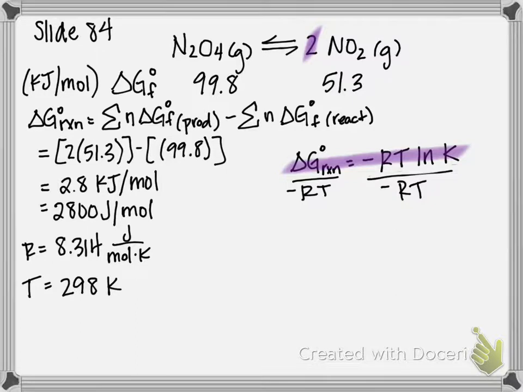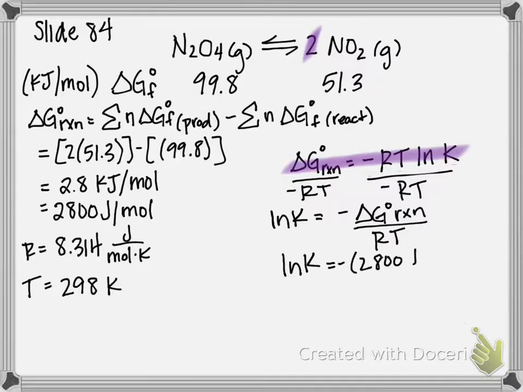So then I get ln of K is equal to negative delta G naught over RT.